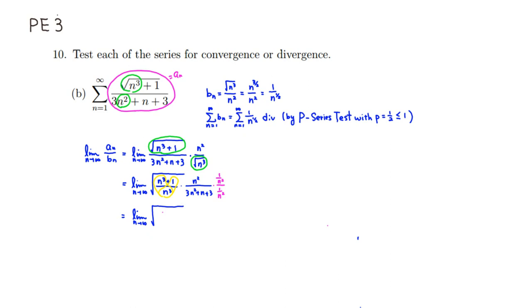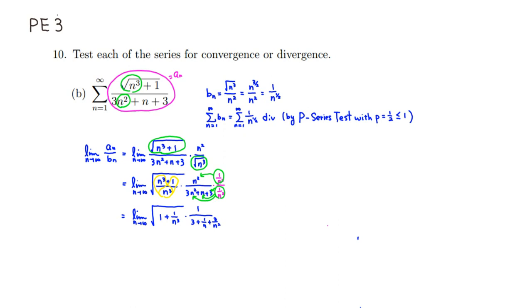Then n cubed divided by n cubed is 1, and 1 divided by n cubed is 1 over n cubed. Up top, the n squared times 1 over n squared gives 1. Then I distribute the 1 over n squared to each term on the bottom, and you get 3 plus 1 over n plus 3 over n squared.